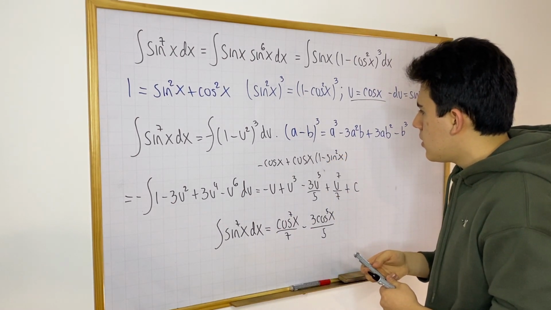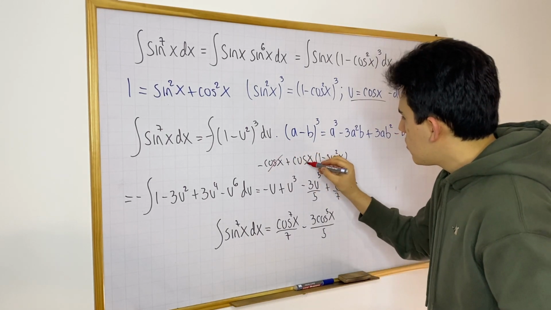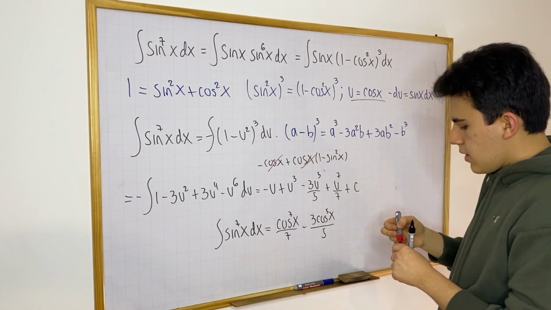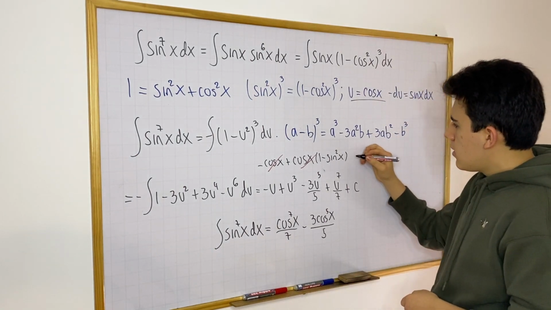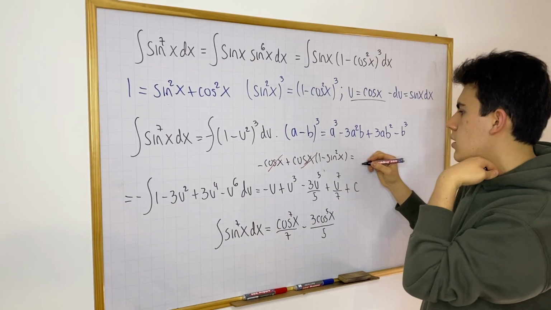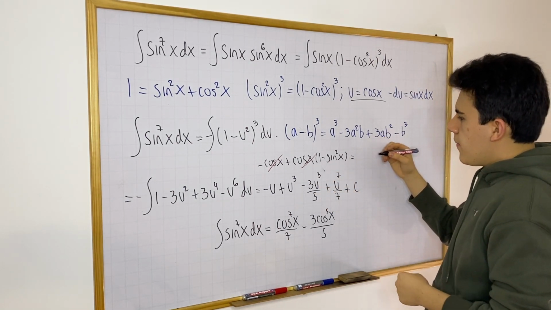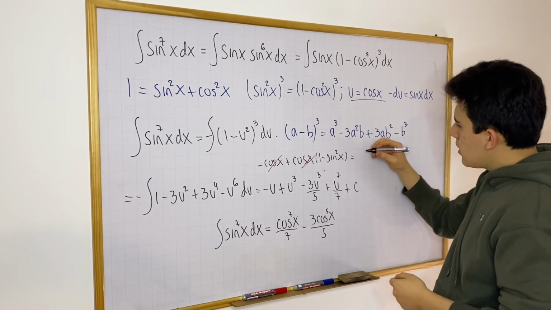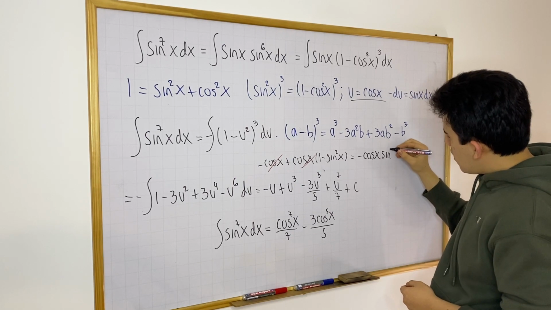in red, actually, I haven't used red. So this cosine goes away and this cosine goes away with that -1. And then in the end, you just simply get that this will be equal to, this will just be minus cosine x sine squared x, okay?